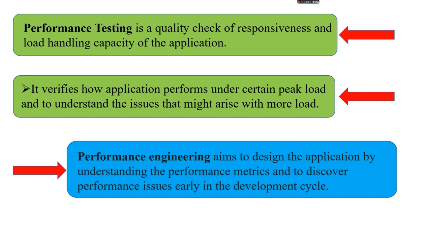If I discover the performance issue after the development cycle in the QA environment, then I need to raise a ticket to the developer, and the developer will take care. In between we lose time, and whenever we lose time, the budget also increases. So performance engineering will make sure that this does not happen, and it will discover the performance issues before performance testing itself, in the development cycle.